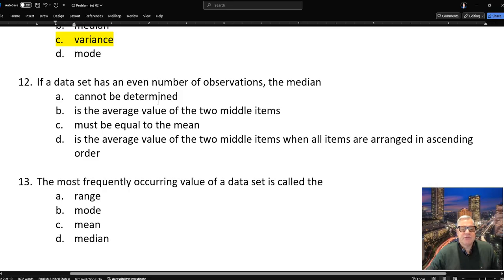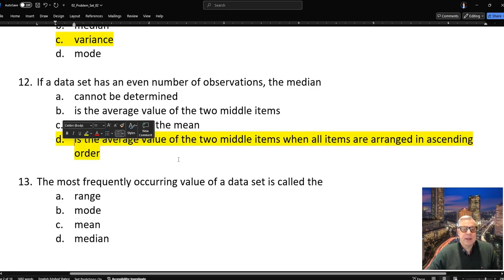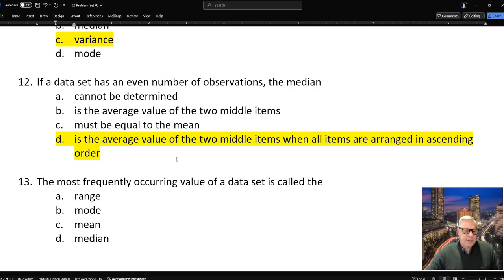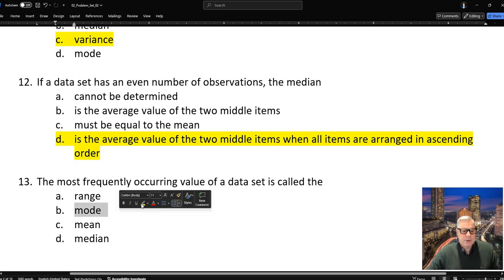Is the average value of the two middle items when all items are arranged in ascending order. Yeah, that is even more correct than B. So whenever we calculate a percentile or the median, we need to make sure that the data is sorted, typically in ascending order. The most frequently occurring value of a data set is called the mode.